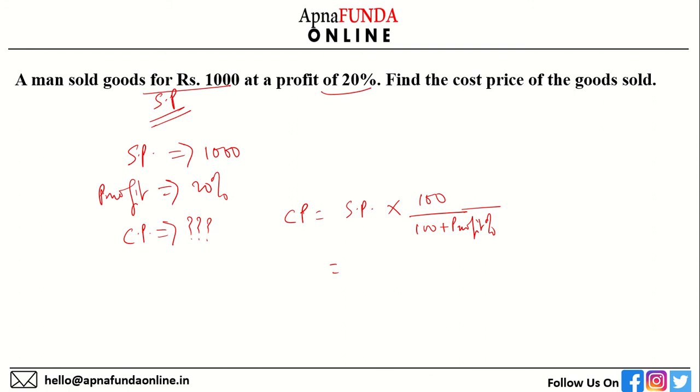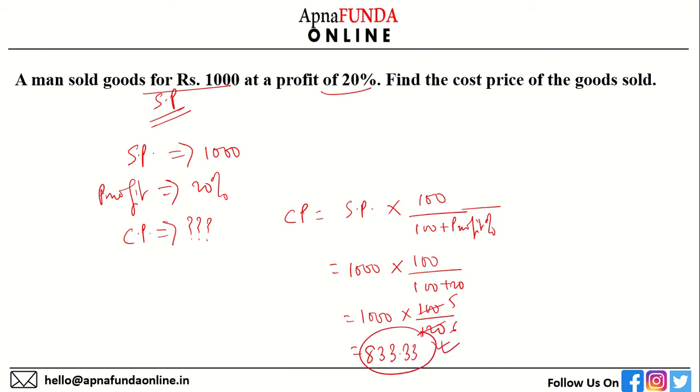In this case, selling price is 1000 into 100 by 100 plus 20, 1000 into 100 by 120, 5/6 of 1000. This is 833.33. This is my answer. I hope you have solved along with me. I hope you know this formula. This will be easy to solve, and this is the way to solve it.